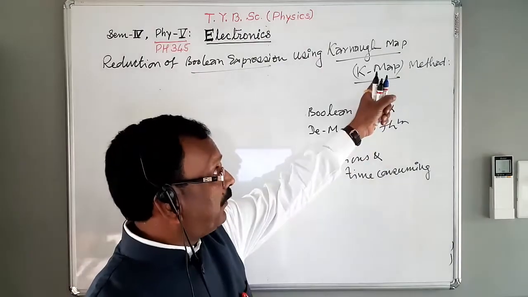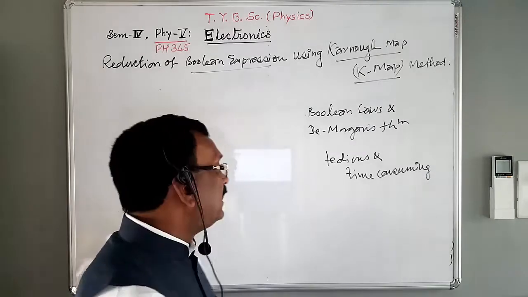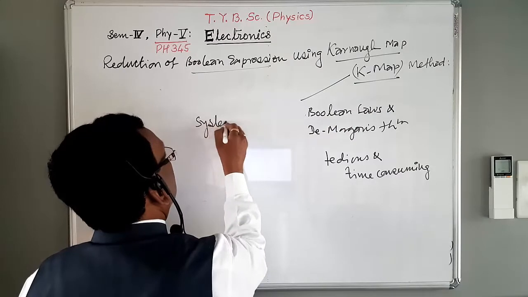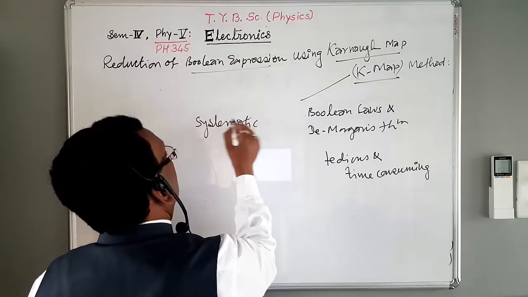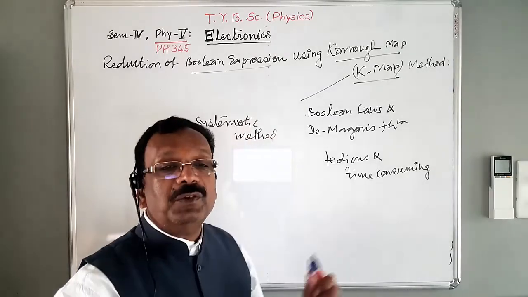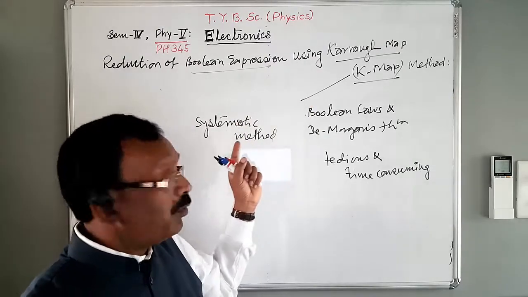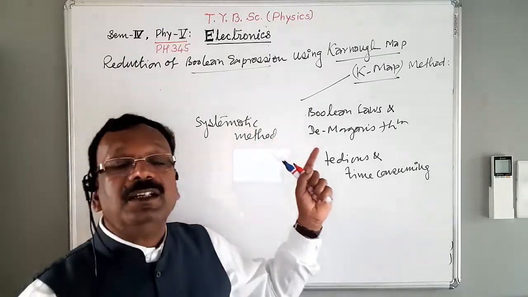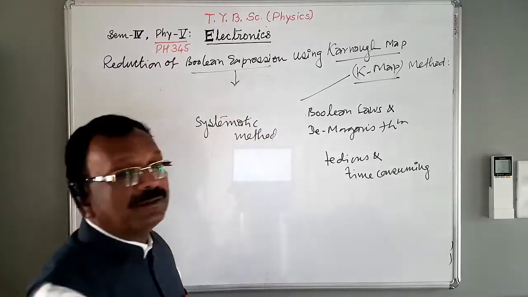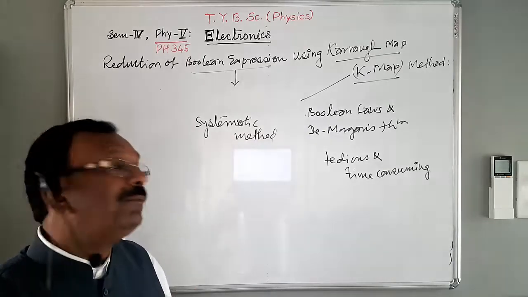The K-map, that is Karnaugh map, provides a systematic method for simplification of a Boolean expression to its minimum form.